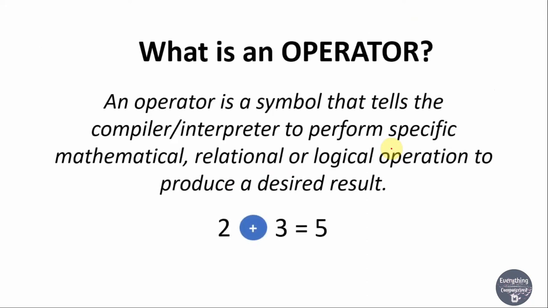Let's take a look at their definition. An operator is a symbol that tells the compiler or interpreter to perform specific mathematical, relational or logical operation to produce a desired result. So, in 2 plus 3 is equals to 5, plus is the operator operated on 2 and 3.